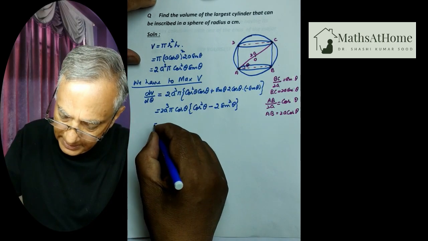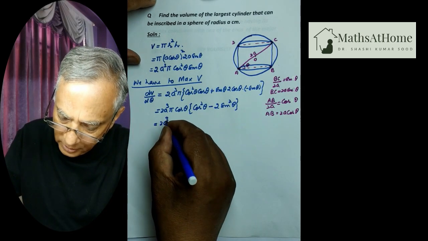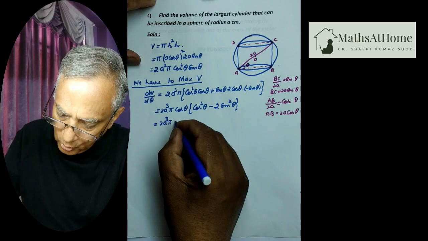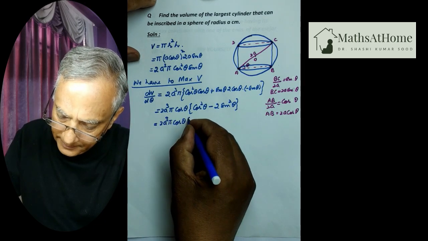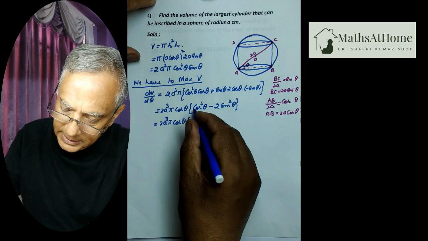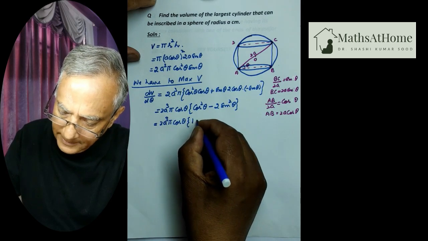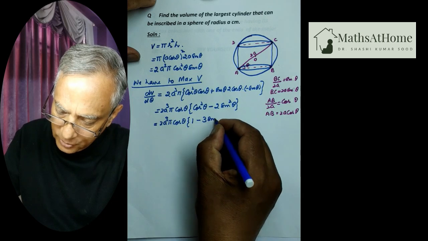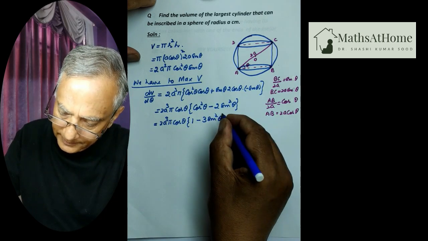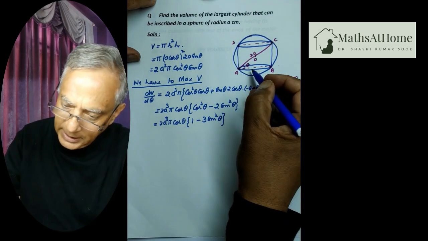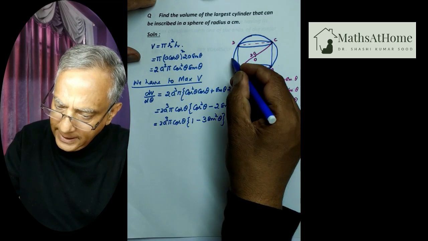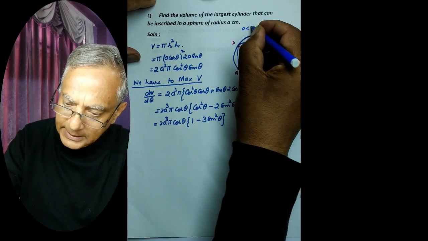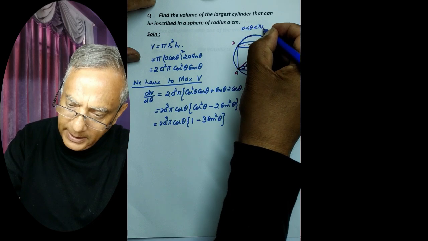And this can be written as 2a cube pi into cos theta into, now change this into sine, this will be 1 minus sine square theta. So this will be 1 minus 3 sine square theta. And this theta lies between 0 and pi by 2, that is, 0 is less than theta is less than pi by 2.